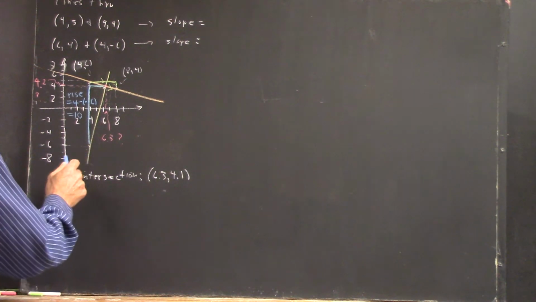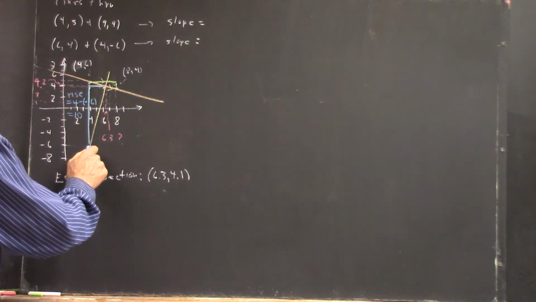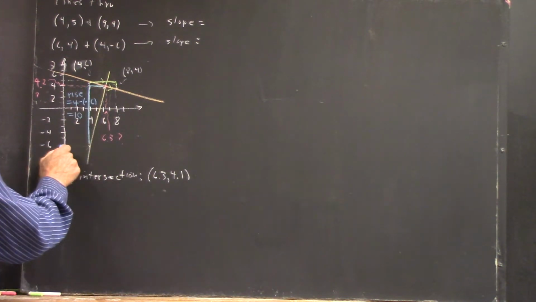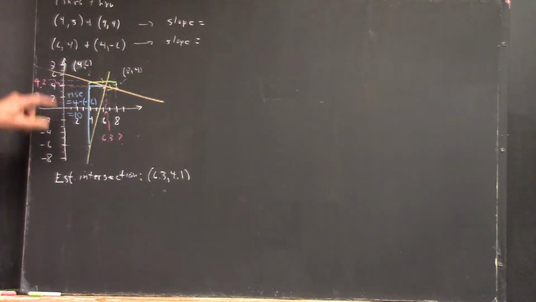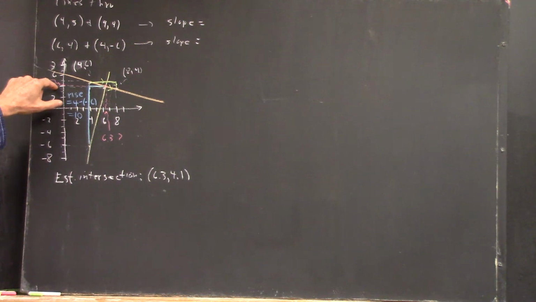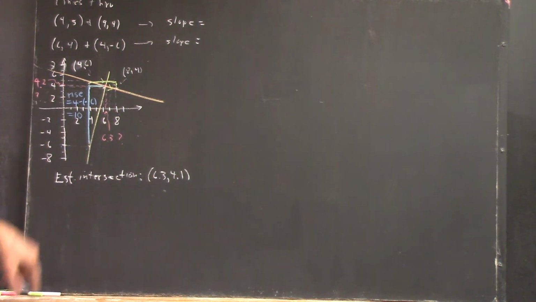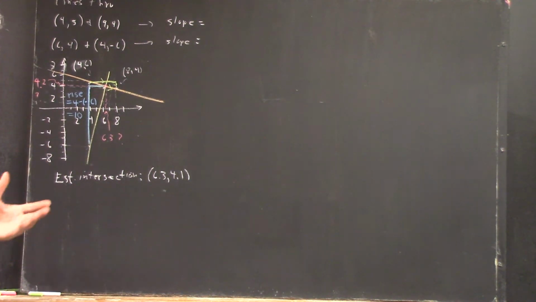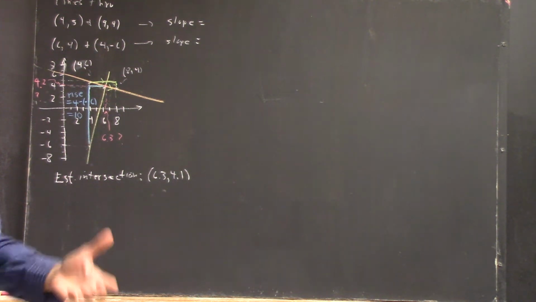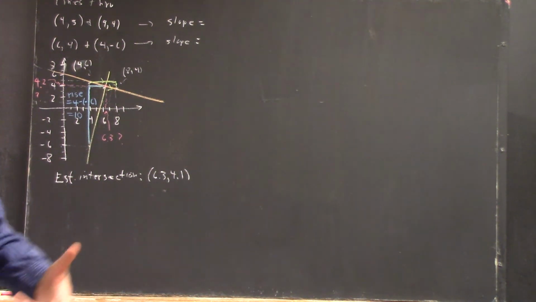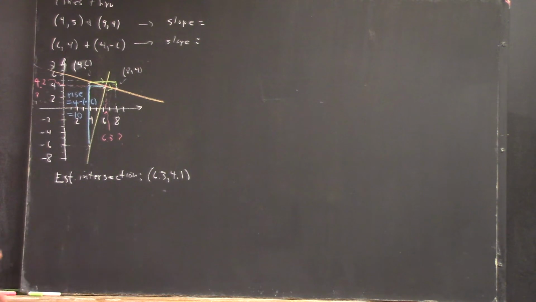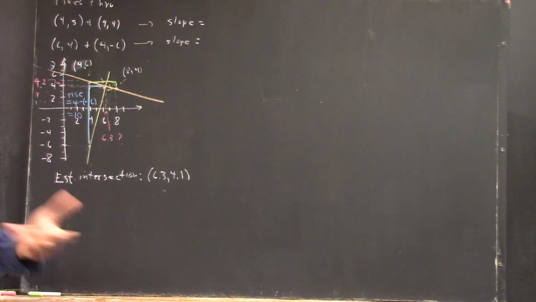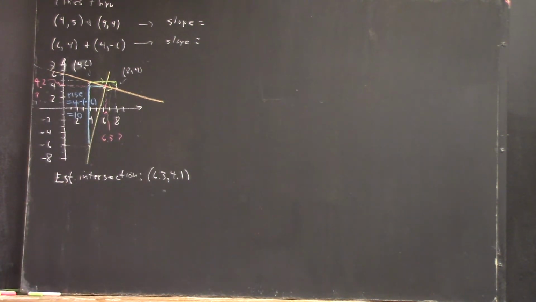Okay, it's 4 minus negative 6 because you're going from negative 6 to 4. You go from here to here. From here to here is 10 units because 4 minus negative 6 is 10. Not because it's y2 minus y1, although it is. So once you've done the fundamental triangle, you can do your y2 minus y1 over x2 minus x1 and see if it agrees.